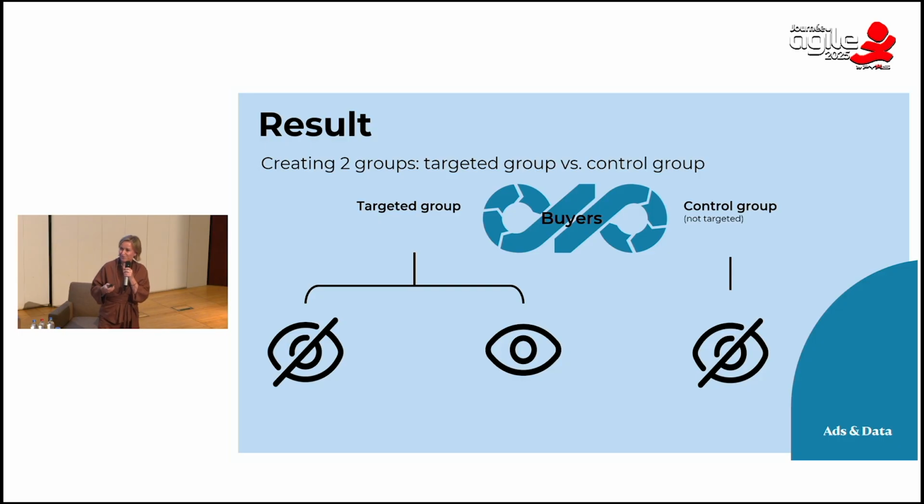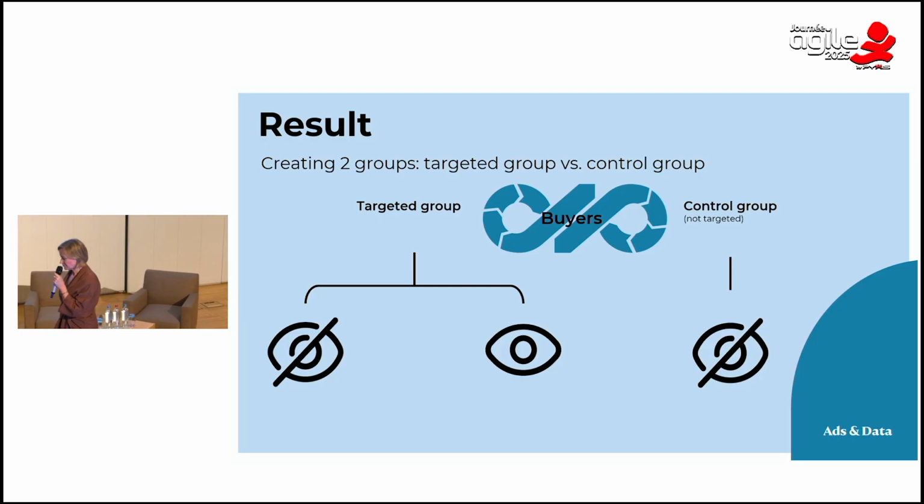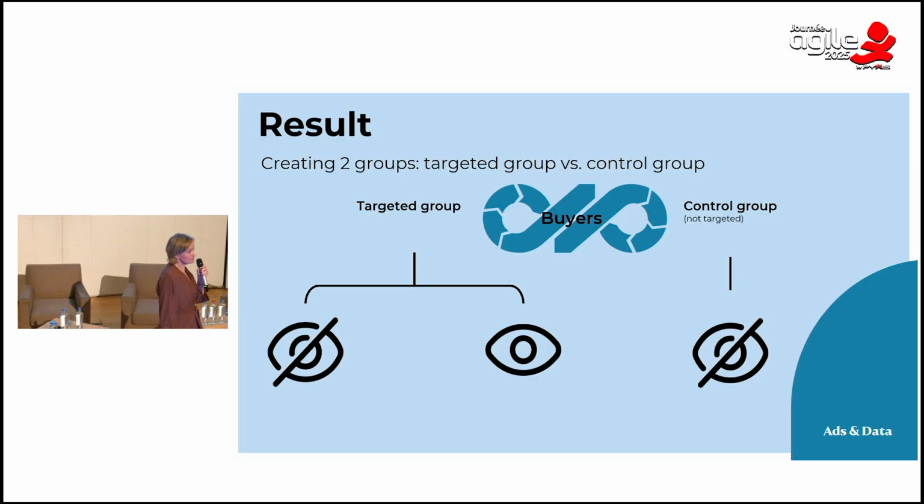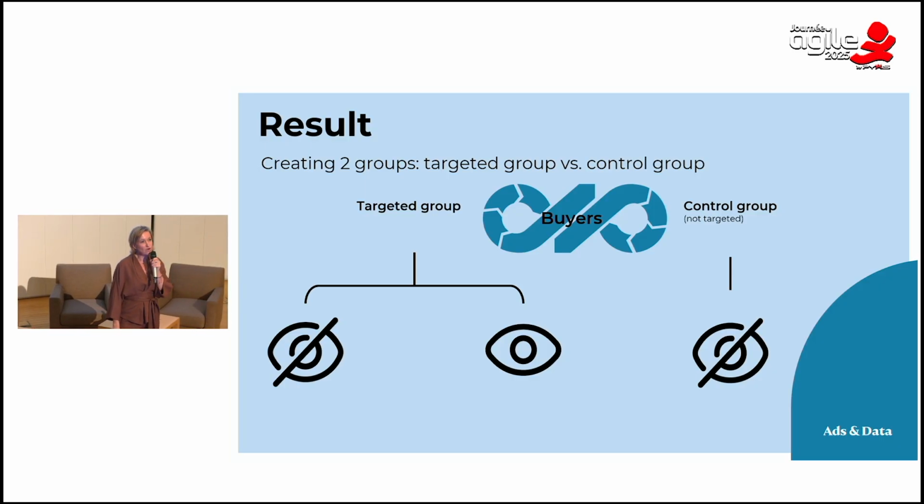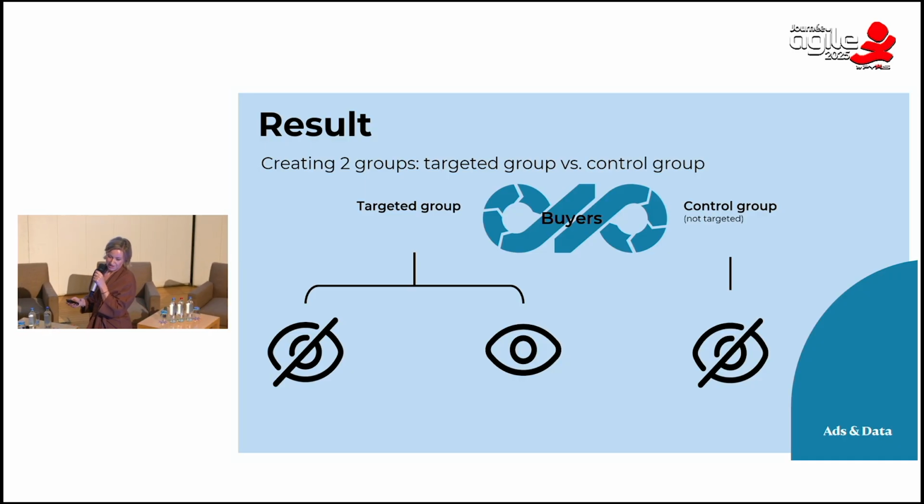I don't have the time to go into all the use cases we worked on, but in a use case we did together with Kinesso and Media Brands, we had some really convincing results. There we saw that the conversions of those who were exposed to the campaign were twice as high as those who didn't see the campaign. So these results are really very convincing and make us want to go even further.